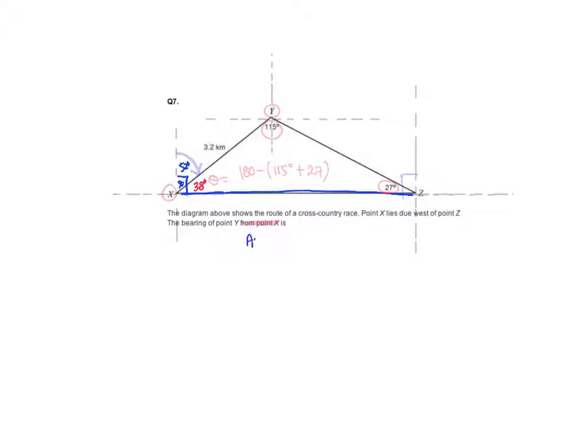You go from the north line till you hit it, so it'd be 052 degrees true. Or if you wanted north, 52 degrees east, same thing. Okay? That one was the easy one.